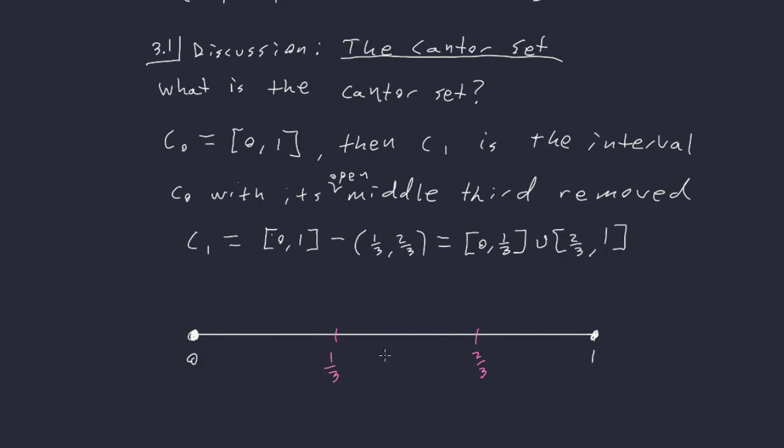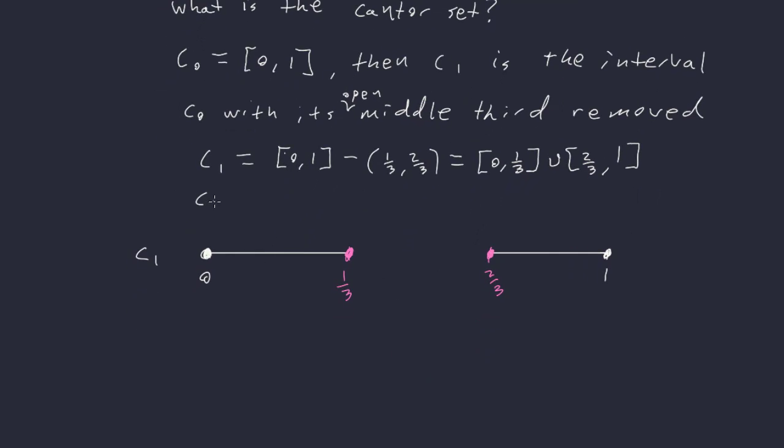Okay, and what we're going to do is remove the middle third and keep the endpoints. So we're removing the open inner third. So we're left with the endpoints 1/3 and 2/3.